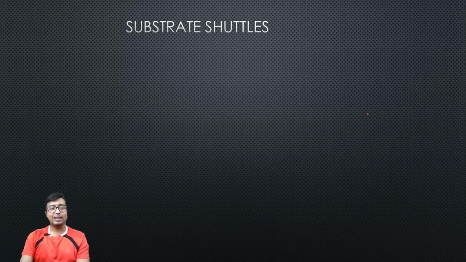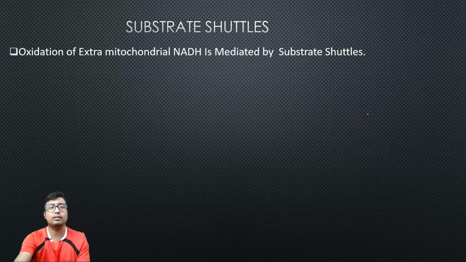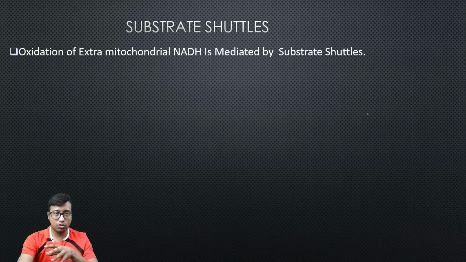Next, we are done with inhibitors and uncouplers. Now the next part of the discussion is shuttles. So what are shuttles? They concern the oxidation of extramitochondrial NADH, the NADH that is produced outside mitochondria, for example in glycolysis. The TCA cycle happens inside mitochondria, so no problem there.